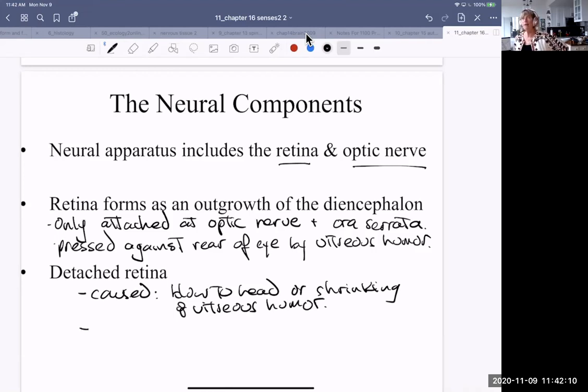So a friend of mine had it. The symptoms are flashing lights, particularly peripherally. Flashing lights that have no external cause to them.